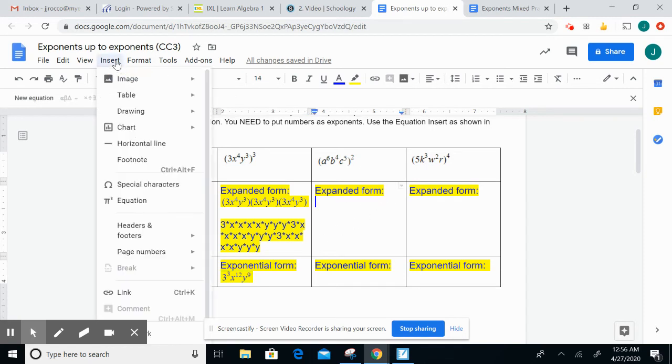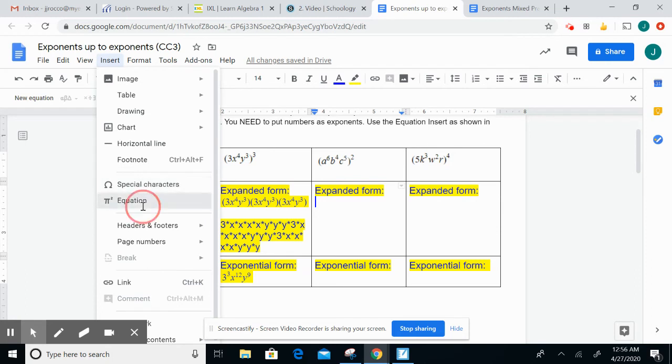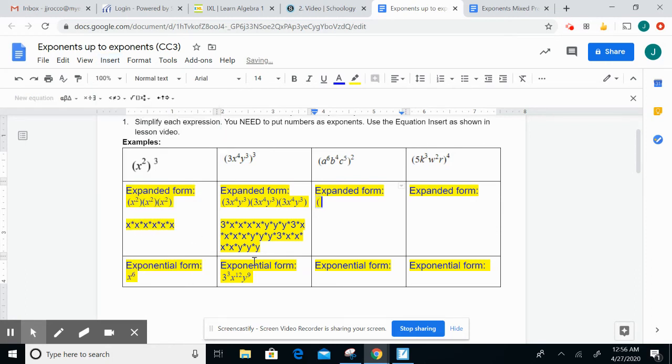All right, the next one. How many sets of parentheses do we have? Well, we have 2. So a to the 6th, b to the 4, c to the 5.